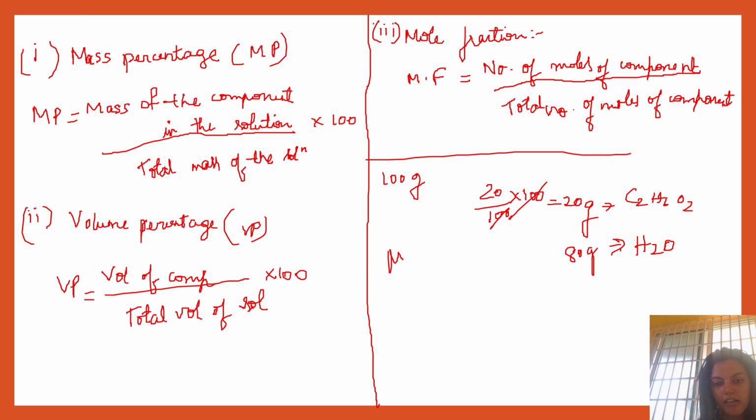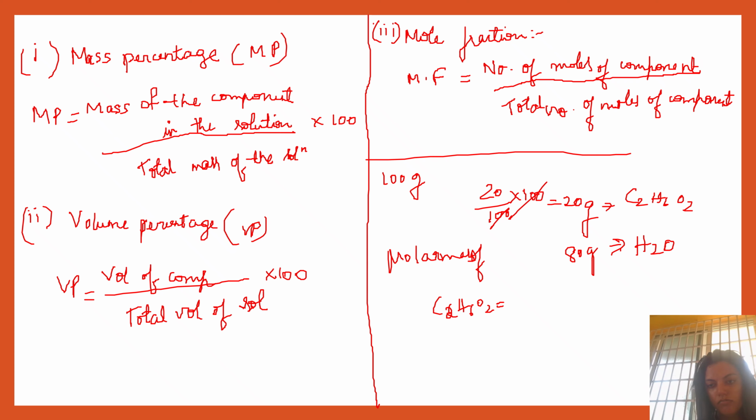Molar mass of C2H6O2. Sorry, we are finding molar mass, not moles. So C2 means what? C is 6, 6 into 2, 12. Correct?